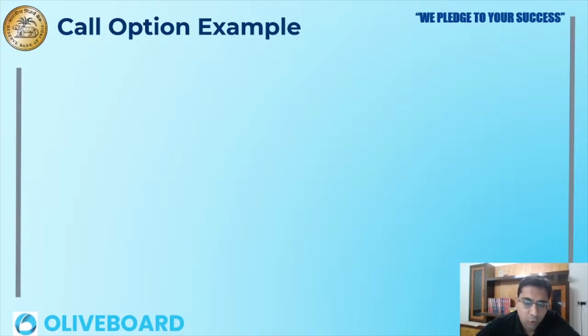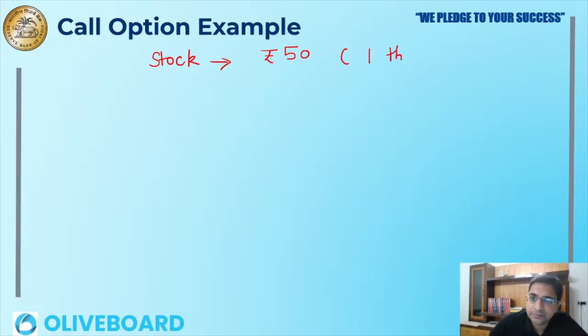Normally, options work as a speculative market. It's just like you are betting on something. So first of all we'll do a call option example. One stock is trading at rupees 50, and I think the stock price will touch rupees 60.